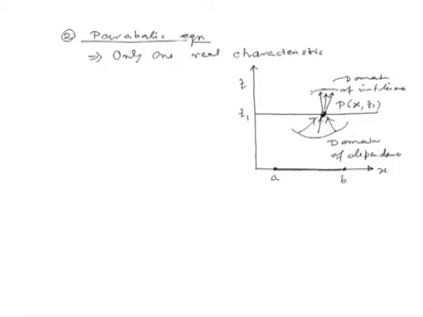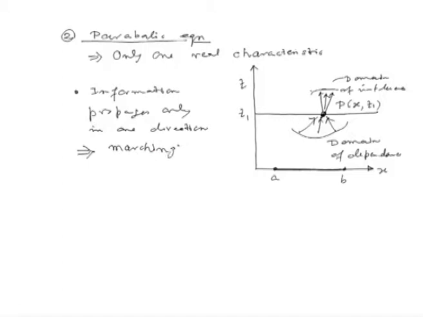The beautiful thing about this parabolic PDE is that the information propagates only in one direction, and this simplifies your task quite a bit, as we can apply marching type numerical schemes.